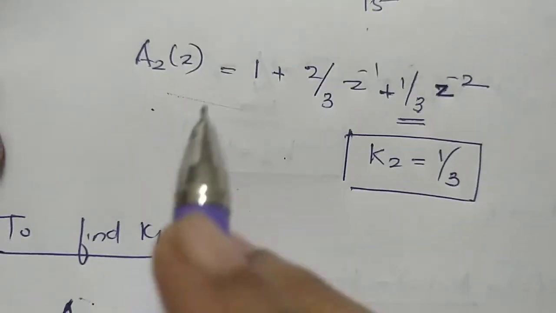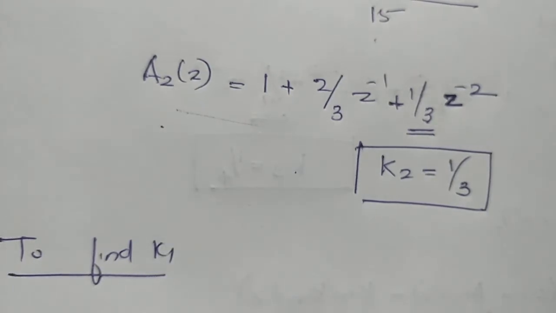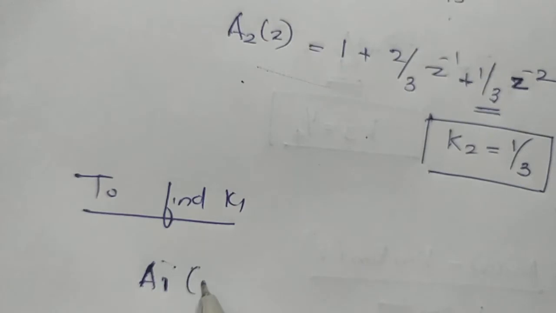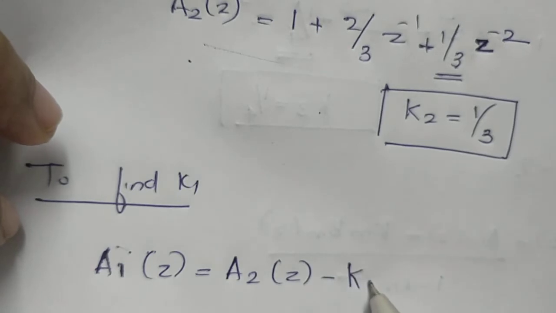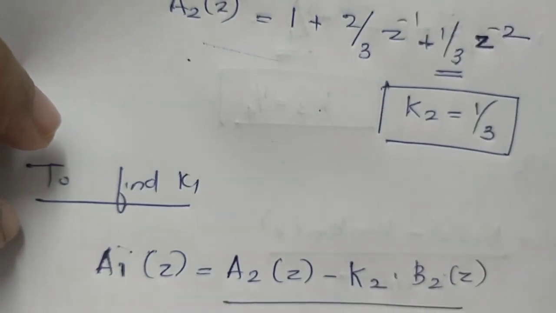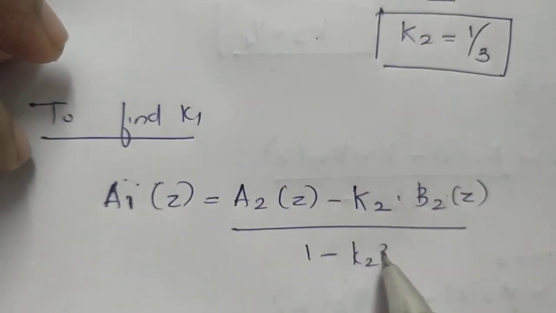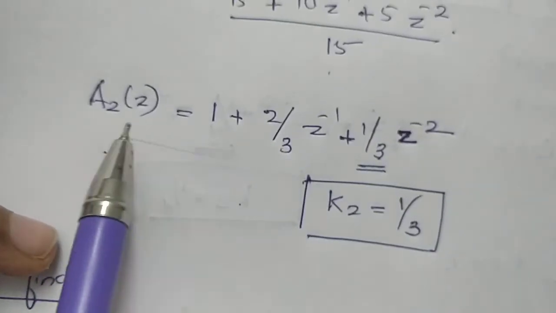So next is Am minus 1. Now the m value is 2. M minus 1 means A1 of z is equal to A2 of z minus K2 B2 of z, divided by 1 minus K2 squared. A2 of z we know, we just found it.